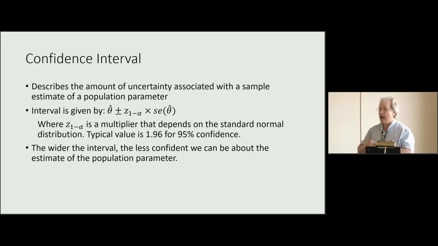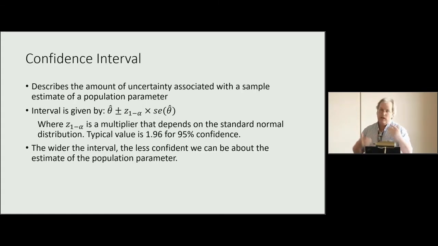So that statistic has variability, right? There's variability around the sample mean, just like there's variability in our individual observations. There's variability around that sample statistic, right? And we're going to use that to construct a confidence interval, right? And really, the confidence interval has a very simple formula. It's the estimate, in this case theta hat, plus or minus some multiplier times the standard error of that estimate.